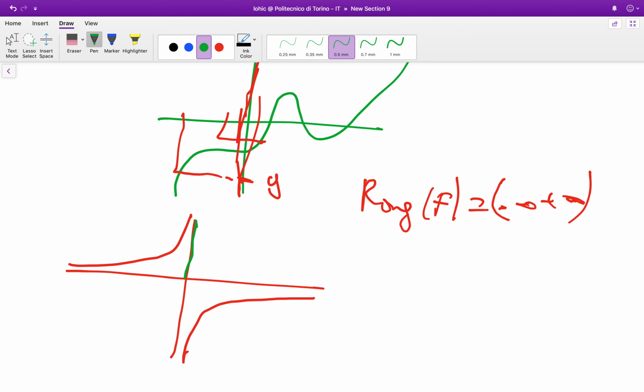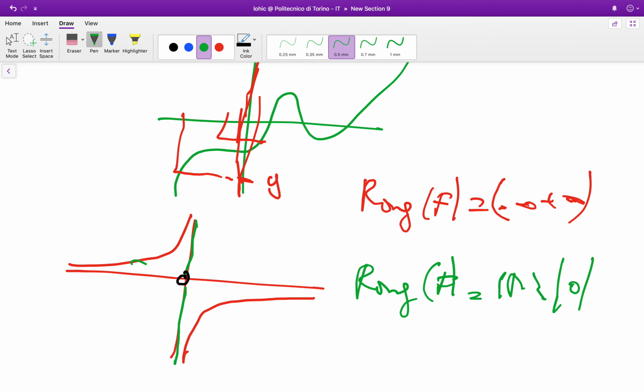But the problem is here: 0 doesn't belong to the range, because if I try to touch the function going along this horizontal line, it never touches the function. So the range here is not R. The range of f is R except 0. So this function is not surjective, right?